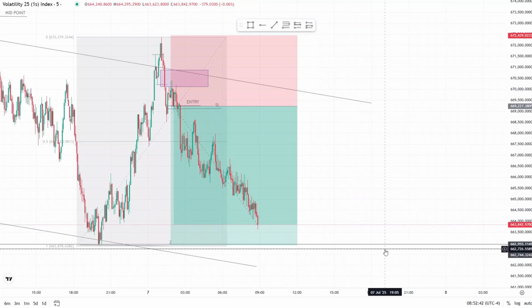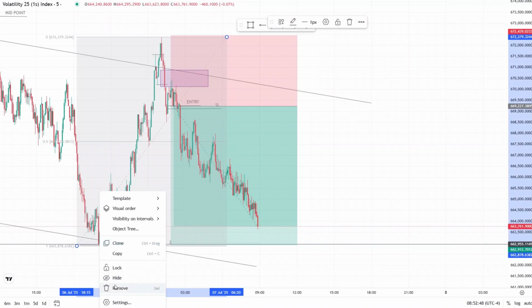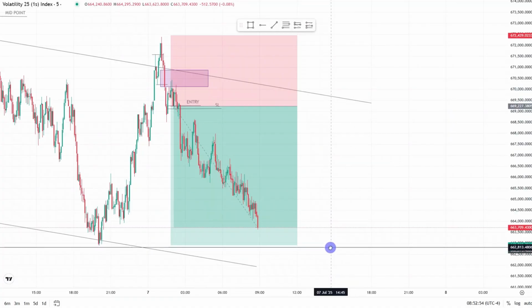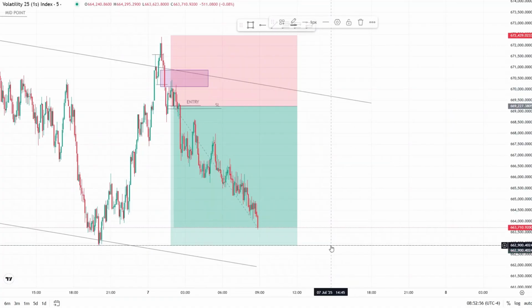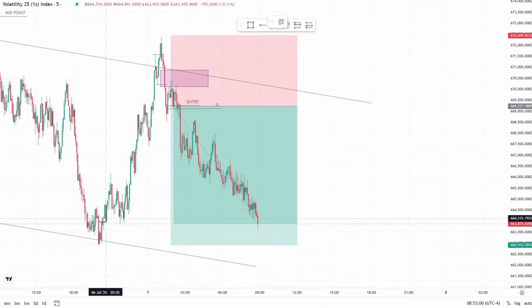So what I'm gonna do, I wanna highlight this area right here as our target. Okay, let me just remove that.